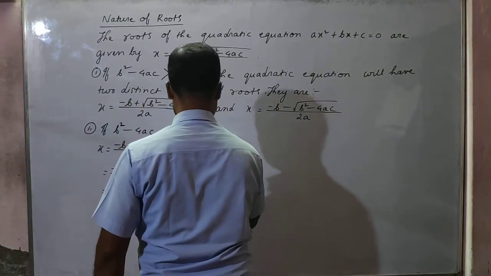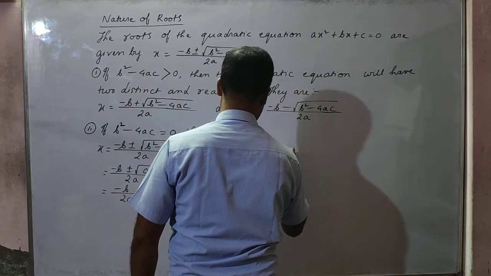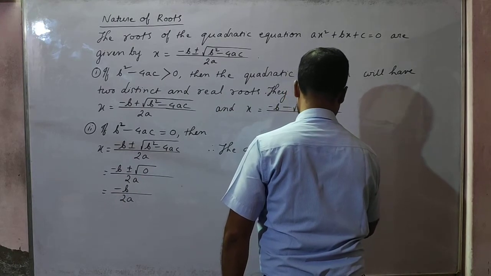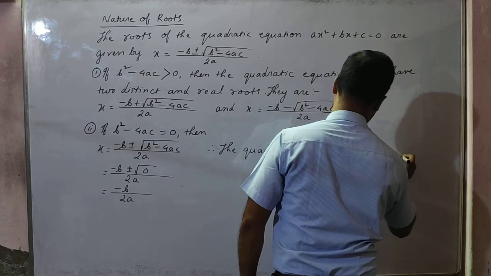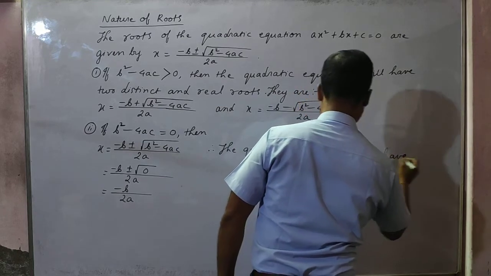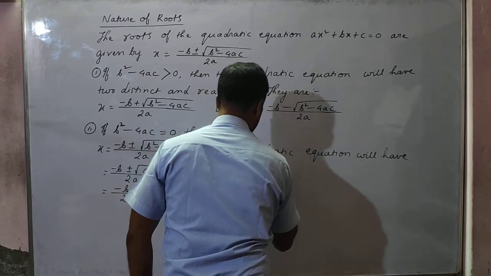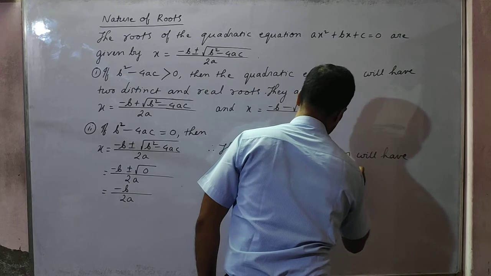Therefore, the quadratic equation will have two real and equal roots.